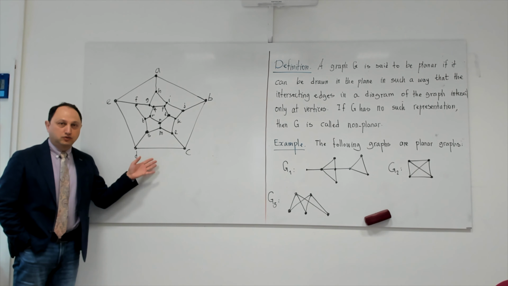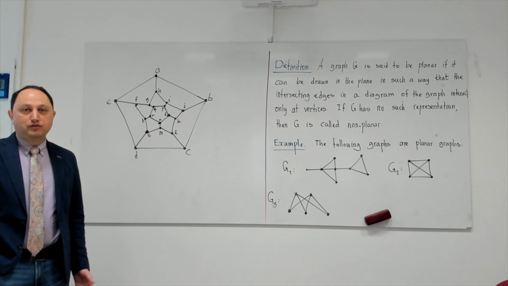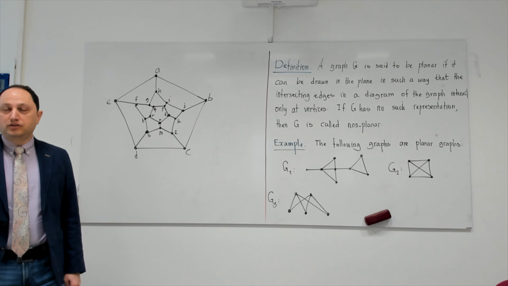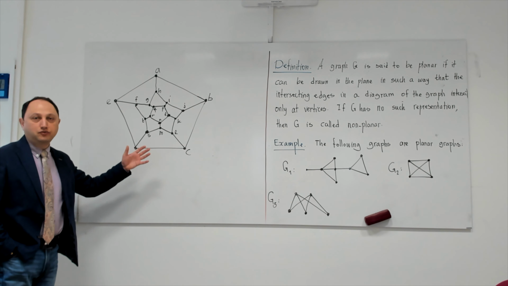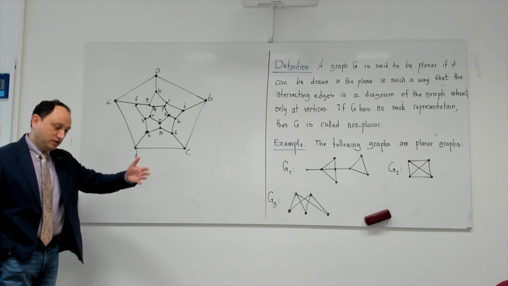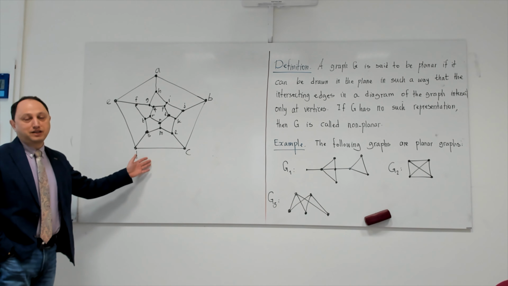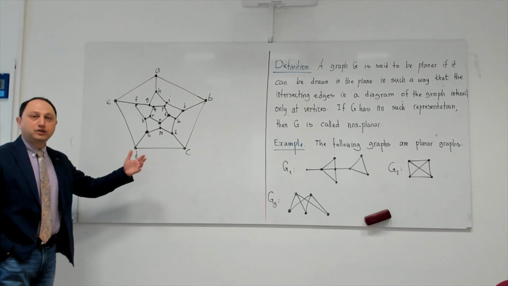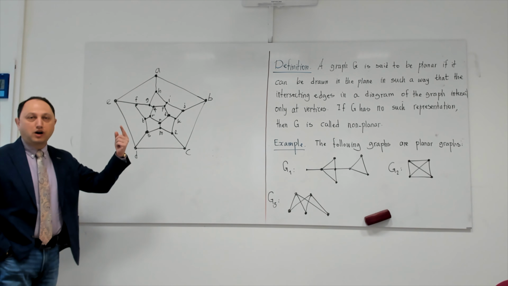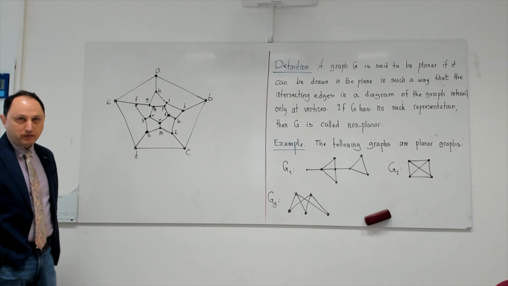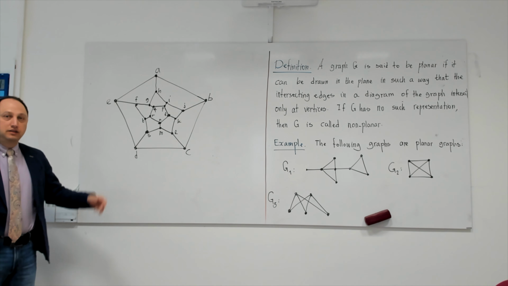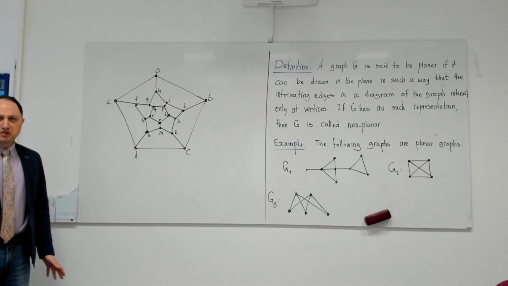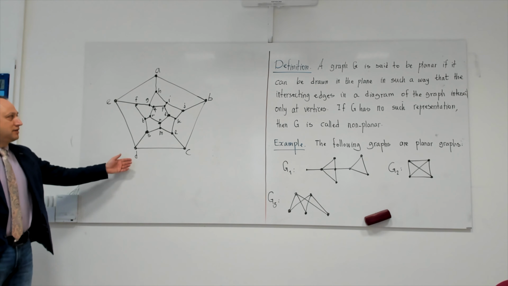If you want to say it's not Hamiltonian, you need to know some more advanced theorems, including necessary conditions for a graph to be Hamiltonian. If those necessary conditions are not met, you can conclude that this graph is not Hamiltonian. But if you want to show that it is Hamiltonian, there is only one way: sit down and do some trial and error to determine a Hamiltonian cycle in this graph. Yes, this graph is Hamiltonian.